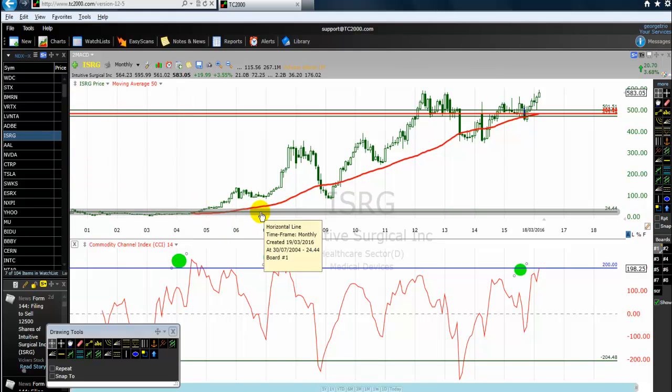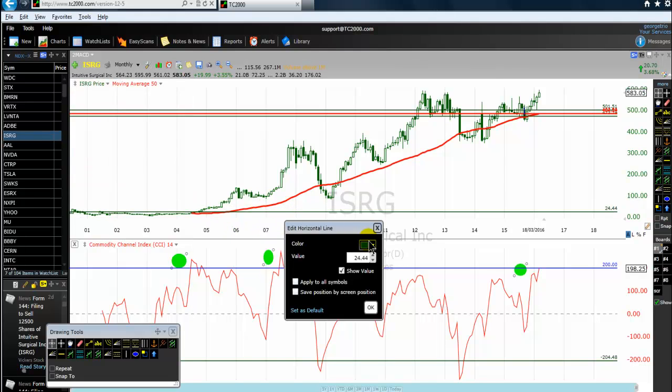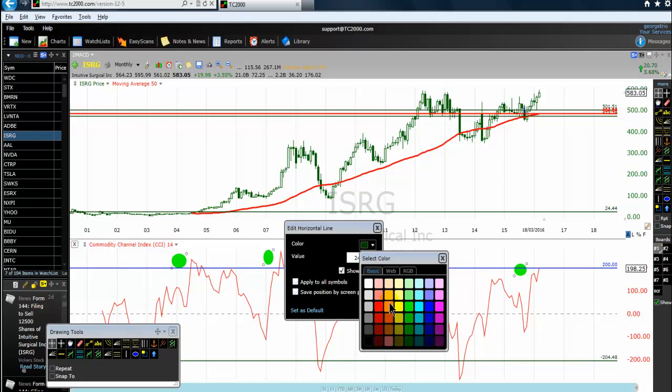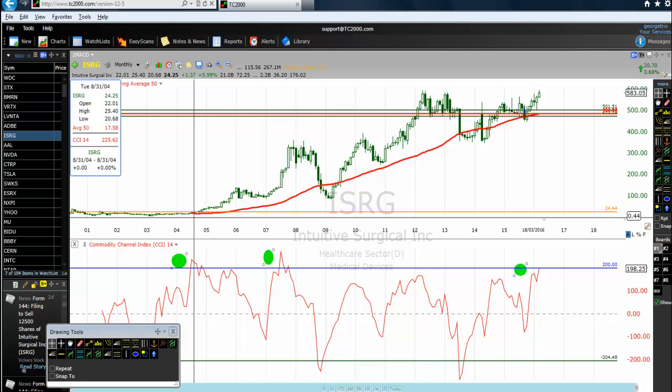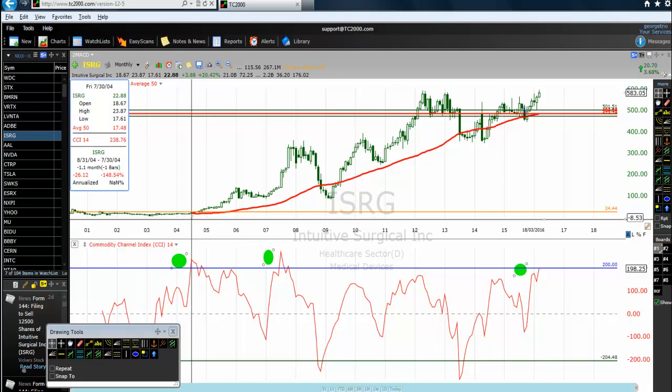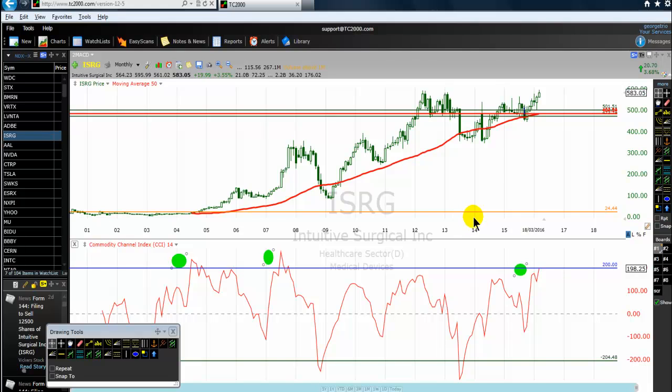My line here, pay attention, I'm going to color it orange. This line is highlighting the point where the CCI crosses above the level of positive 200. That's all I need.